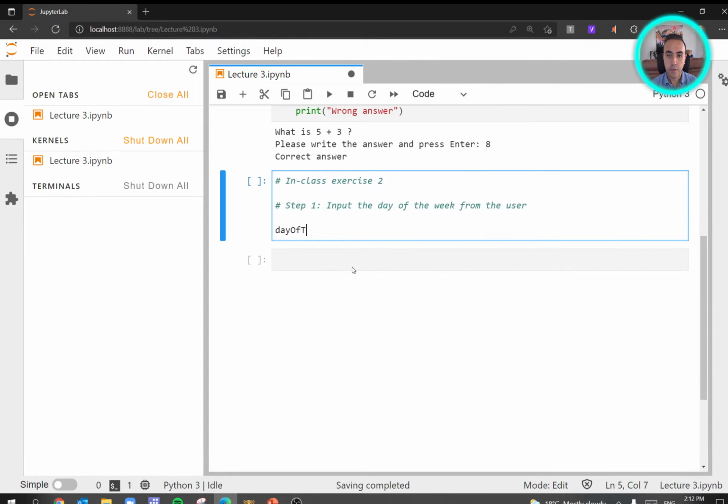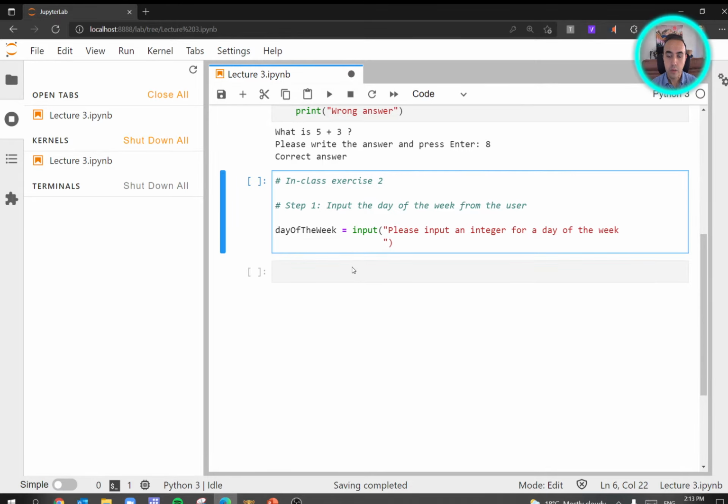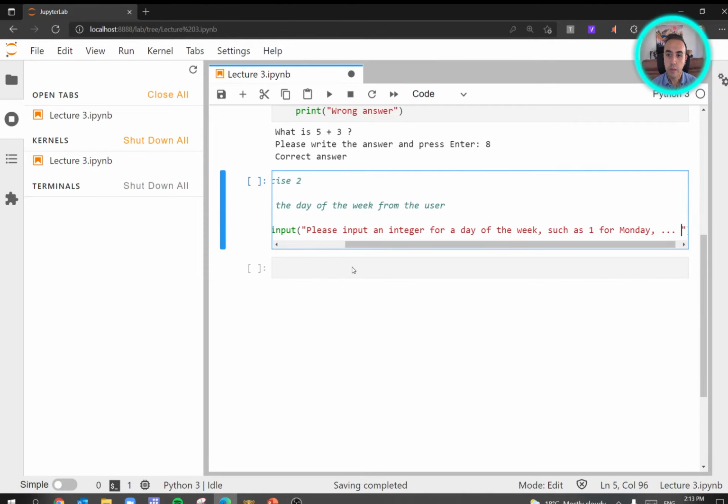Day of the week equals input, "Please input an integer for a day of the week, such as 1 for Monday and 7 for Sunday."